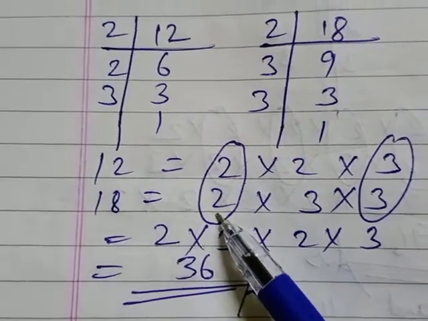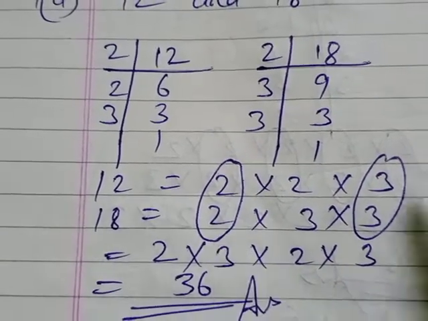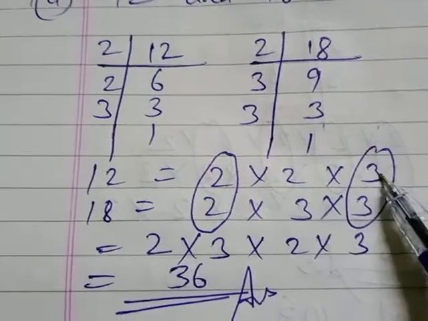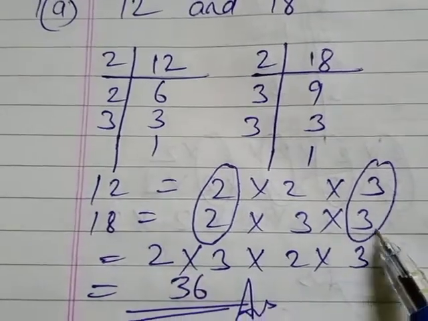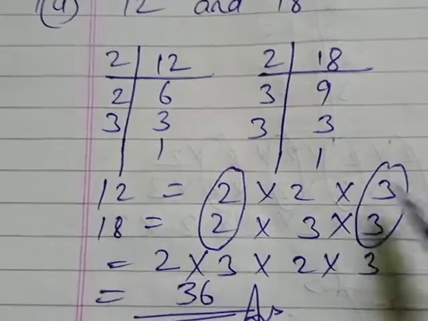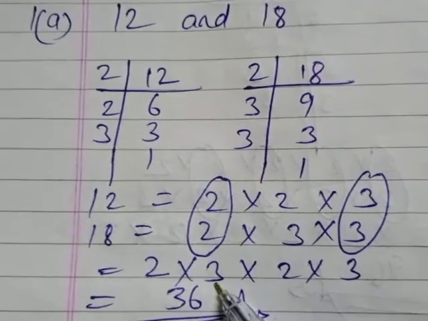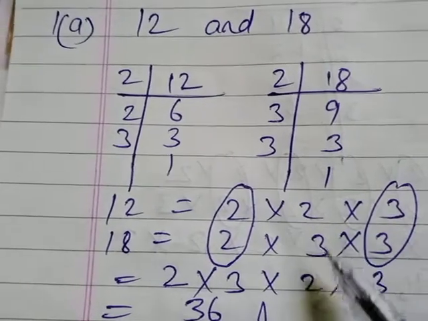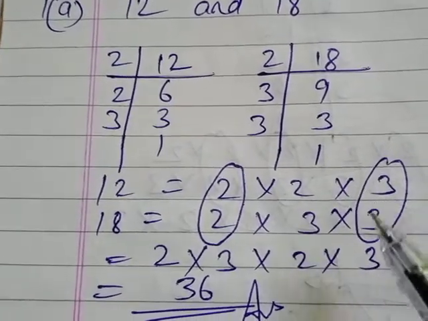After this common factor, if you will see, another common factor is 3 and 3 in both the numbers. 3 is the factor in 12 also, and 3 is the factor in 18 also. So this will be your common factor here. Now the new point is that this 2 and this 3 we will not leave as it is.